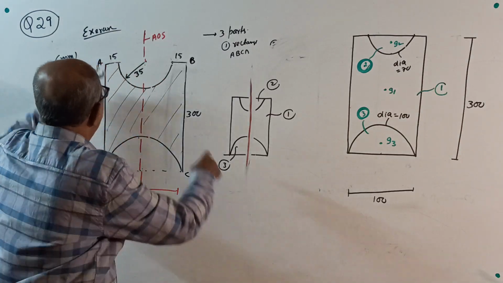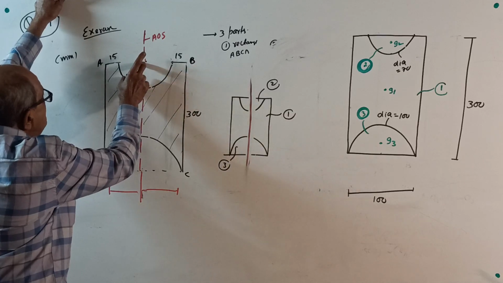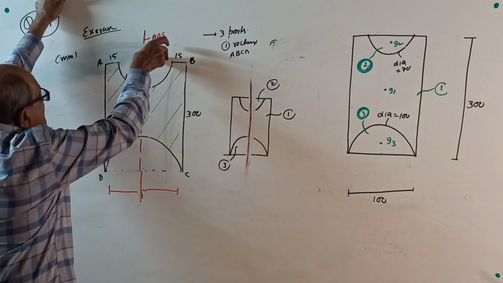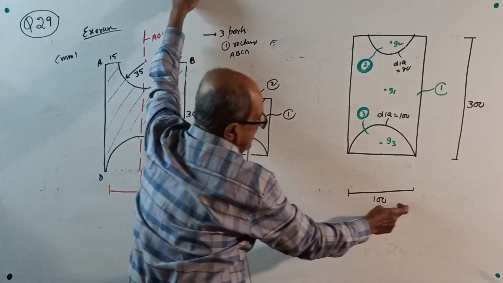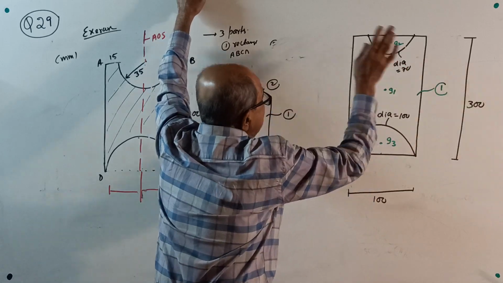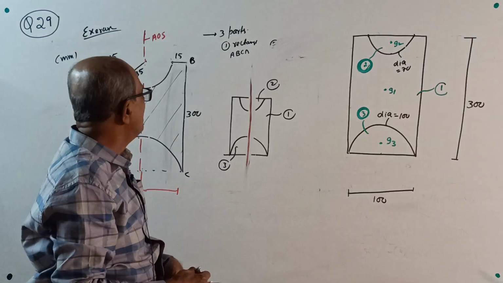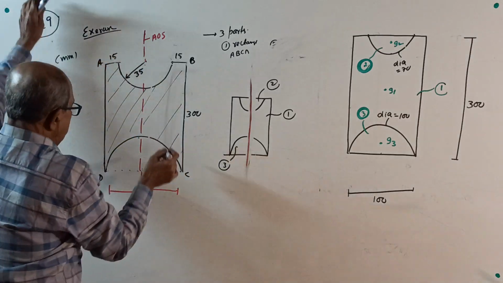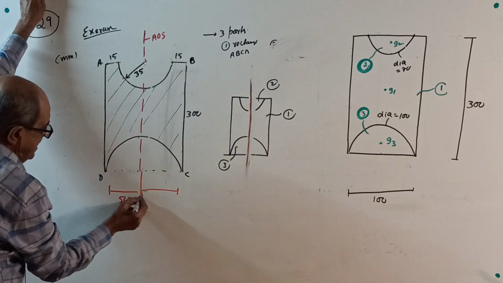So 35 plus 35 is 70, 70 plus 15 plus 15 is 100. So this diameter is 100, that diameter is 70. Sometimes oversight happens. So if this is 35 plus 15, this is 50, 50.